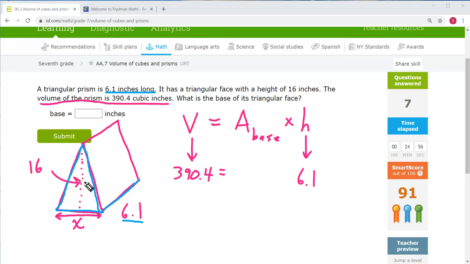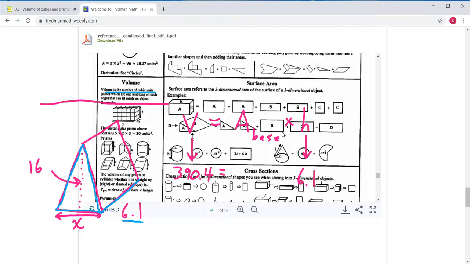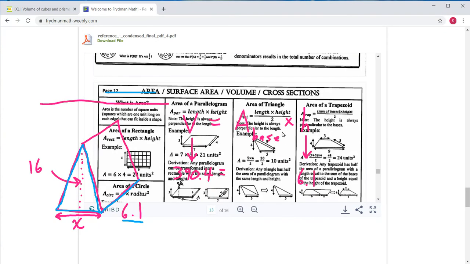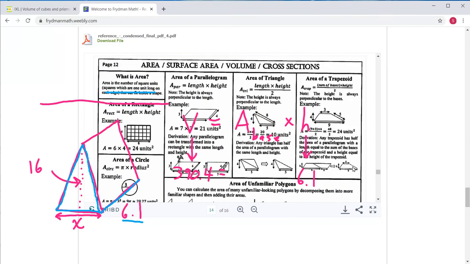How would we normally calculate the area of a triangle? Again, let's go over to Frydman Math and just remind ourselves. To find the area of a triangle, it's the length times the height divided by 2. And when we say the height here, we don't mean the 6.1. In this context, we mean the height of the triangle, which is 16 inches.